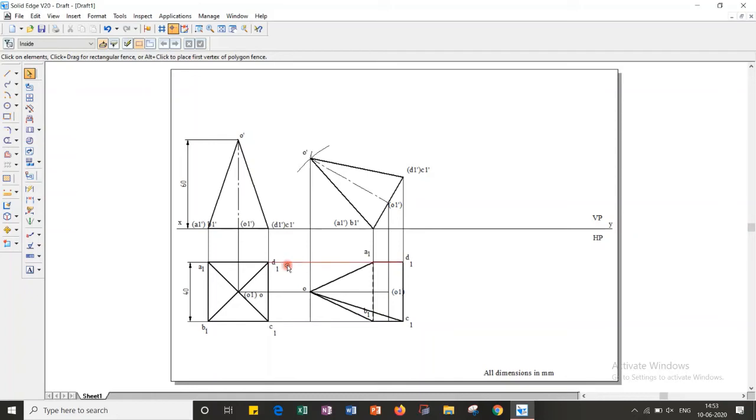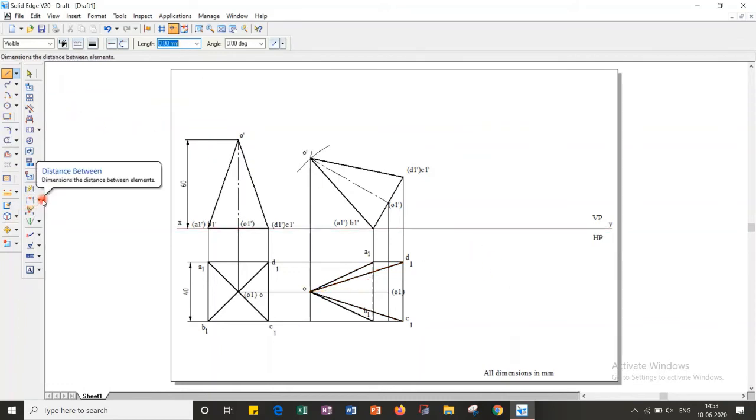And the last point D1. There should be three lines: one from D1 to A1, D1 to C1 and D1 to O. D1 to A1 I am having, D1 to C1 is there, D1 to O is pending. D1 is above the axis line, it is nearer to the observer. So that line should be continuous. So connect D1 to O using a continuous line. That completes the second step.